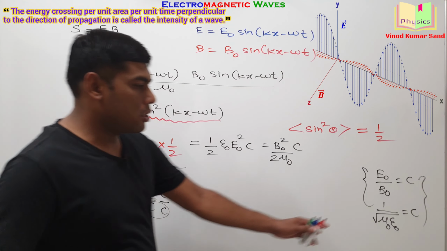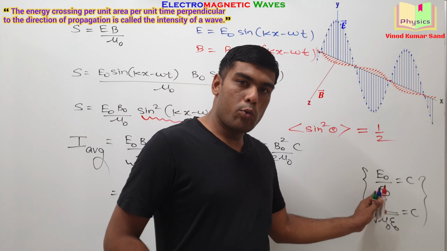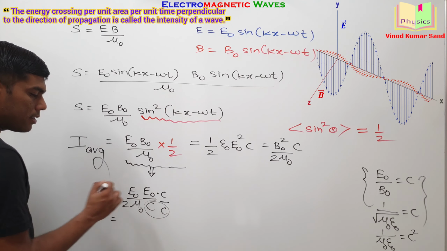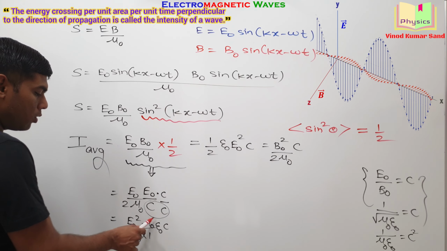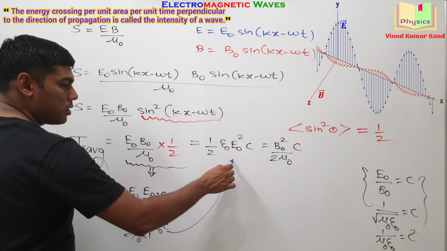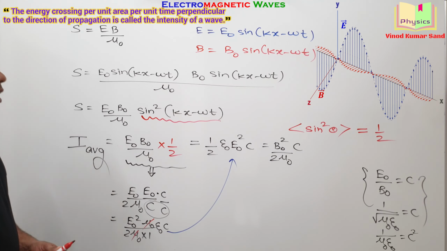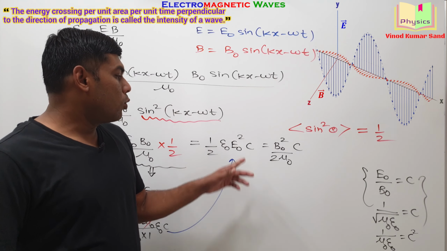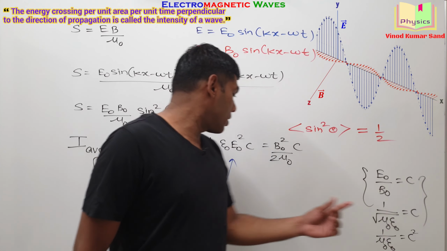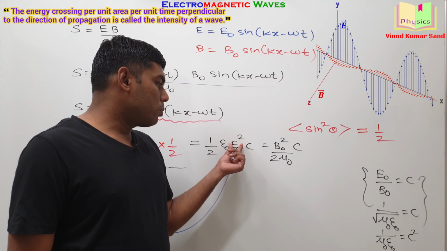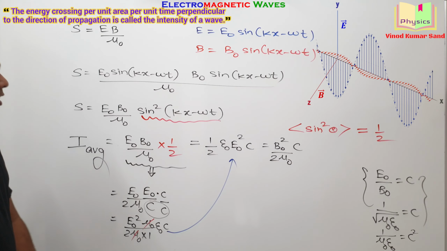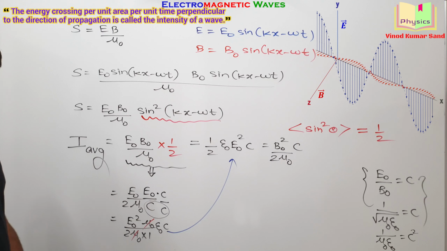What will be the value of c square from here? 1 by mu naught epsilon naught. So this can be simplified further. Mu naught is getting cancelled out. What are you left with? This expression. Done. Now in this expression, you replace the value of E naught as C times B naught. At the place of E naught, put C times B naught and you'll get this expression. So the calculations are simple.